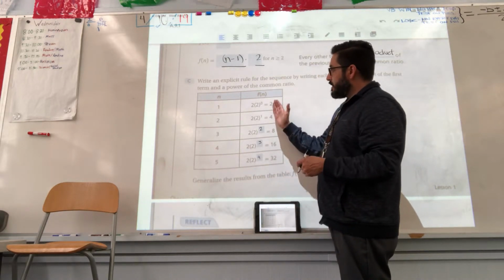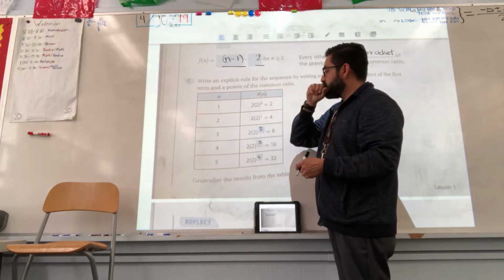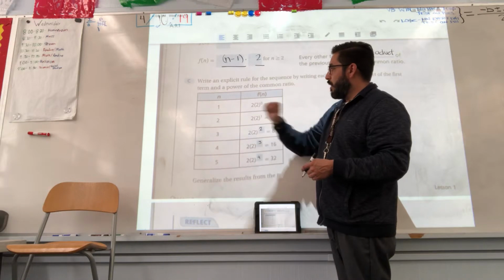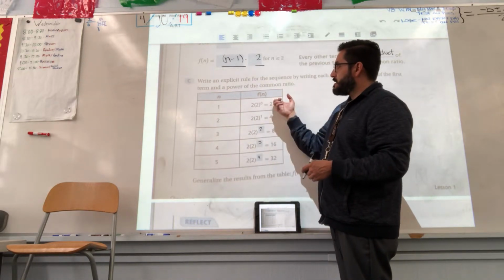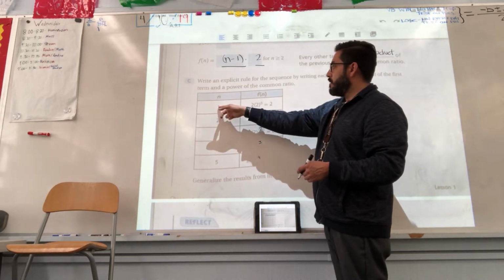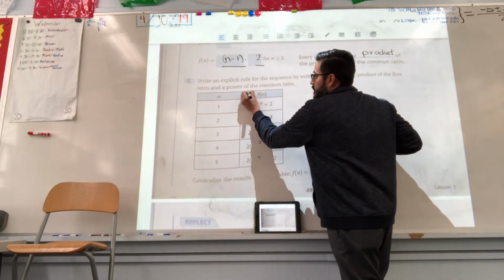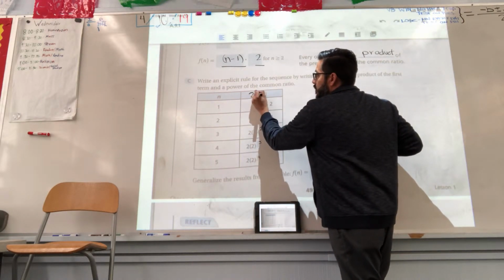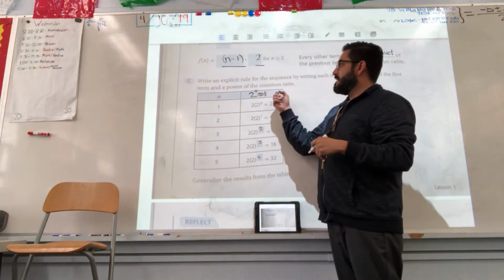But the reason that you can't just put 2 to the first power, or 2 to the second power, or 2 to the third power, is because at some point, if n was 0, then this would be 2 to the 0 power, and that would equal 1. And that's not what would happen.